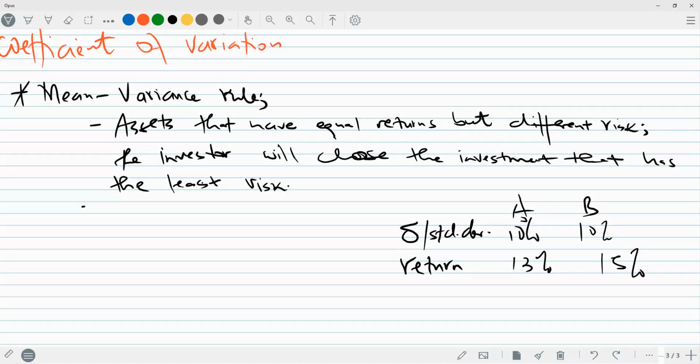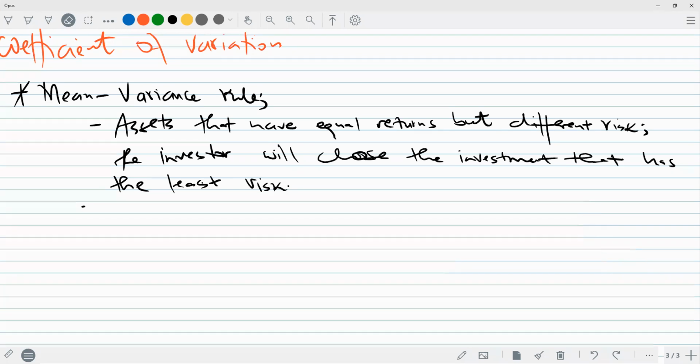Yes, that's what I wanted that gentleman to explain. But either way, in case you have two assets that expose you to the same risk, of course, you take the one that can maximize your return. So there's the next rule.